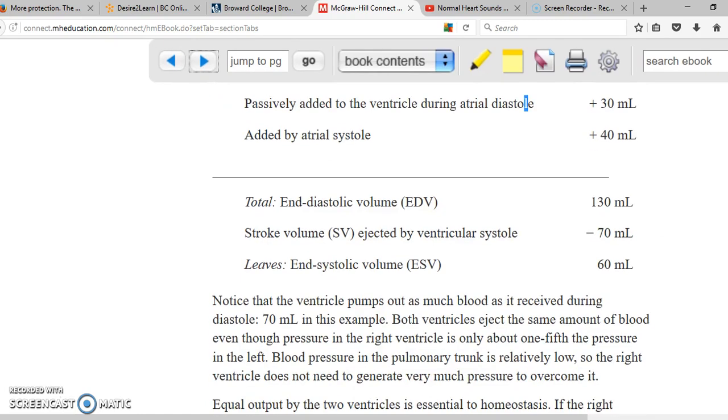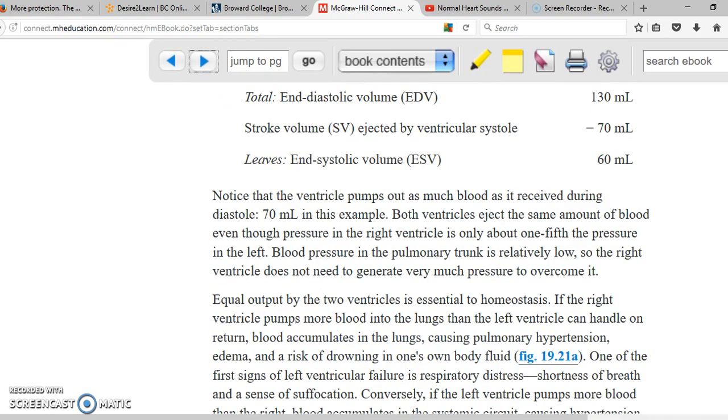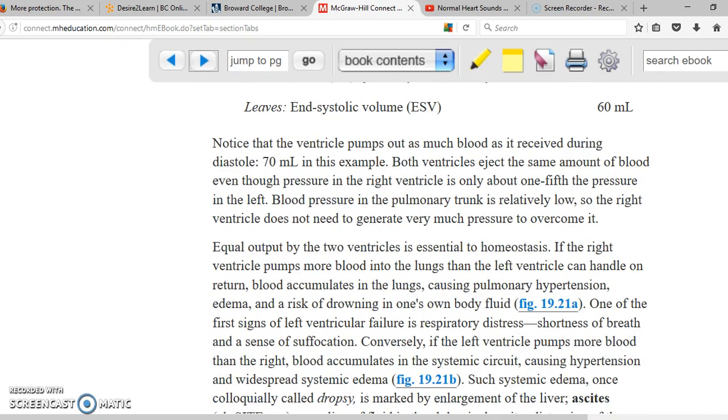If you keep scrolling down, another very important thing that you need to understand is what it says in here: equal output by the two ventricles is essential to homeostasis. You cannot pump more in the right ventricle, because then the blood will accumulate in your lungs. And you cannot pump more in your left ventricle compared to your right ventricle, because otherwise the blood is going to accumulate in your body.